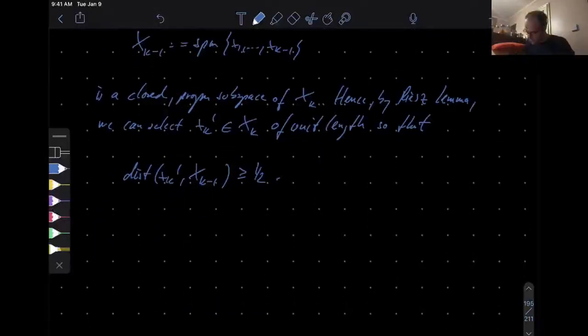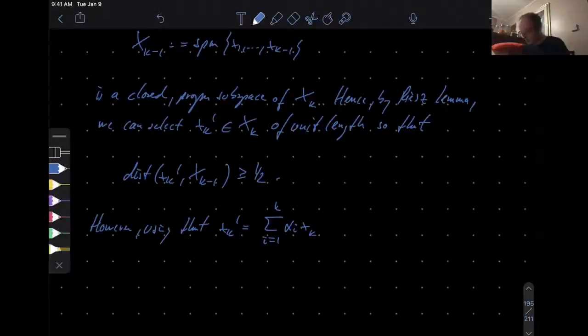All right. However, xk prime is of course a linear combination, because it's in the span, of the first k of those xi's, with alpha i in F.